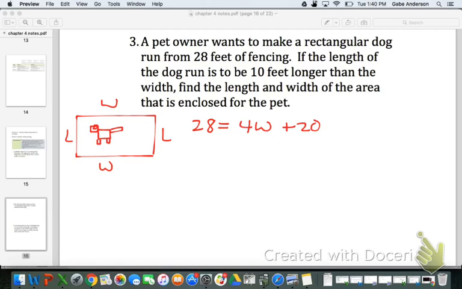Well, if you read, the 28 length of fence is what they're making it out of, so that's the total. And then if the length of the dog run is 10 feet longer than the width, you do the width plus 10, so W plus 10, twice, and then the width is W, so 4W plus 20. So I think we're going to find out if you're right here in a second.